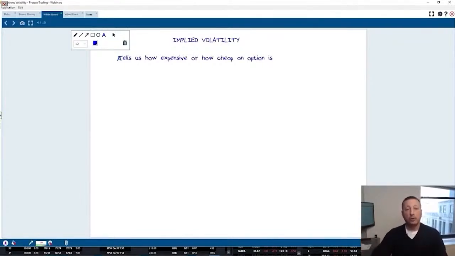Now, we all know that the higher the volatility in anything, not just option trading, that means things are swinging around all the time, back and forth and back and forth. So things that are more volatile typically cost more. Things that are less volatile, when things are complacent, cost less. Same thing with options.